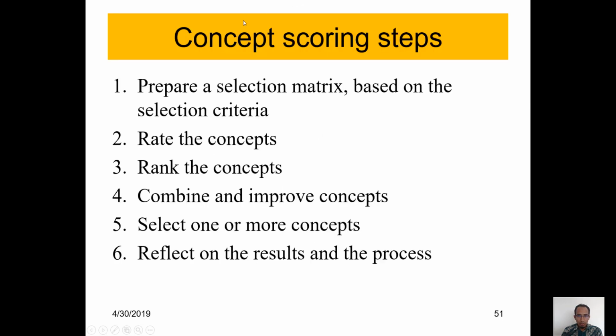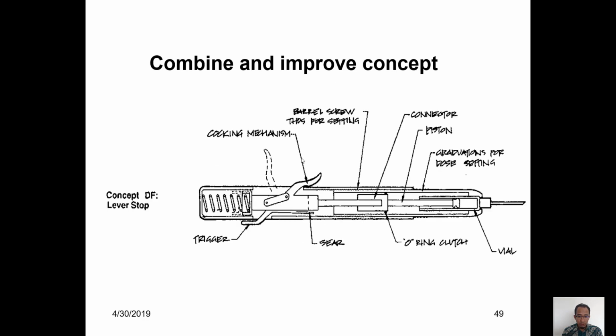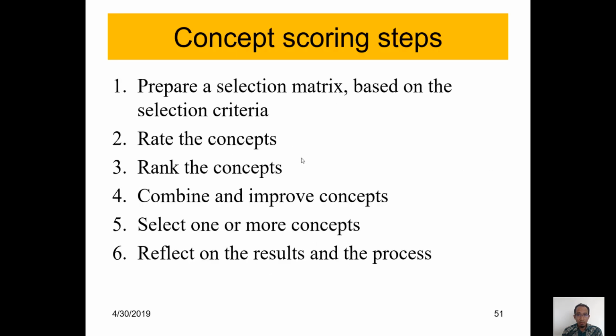And after we have these two improved concepts, which is G plus and DF, we will go into the concept scoring steps to determine the best concept. First, we prepare a selection matrix, also rate and rank the concept as well, and then combine improved concept and select one or more concepts.